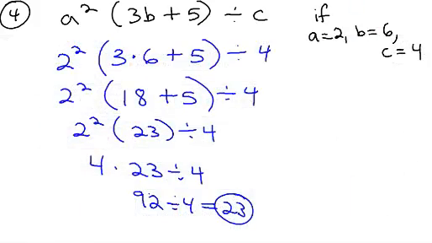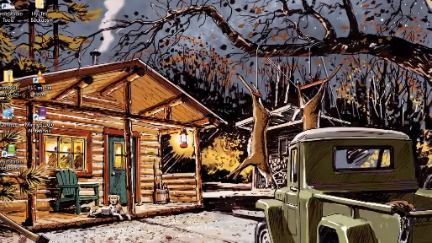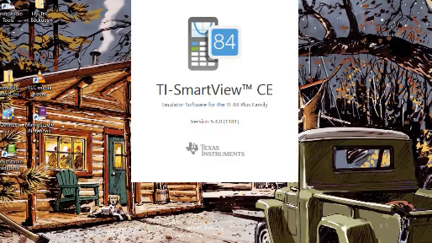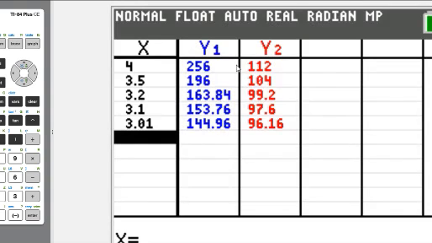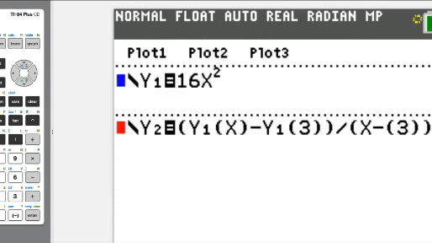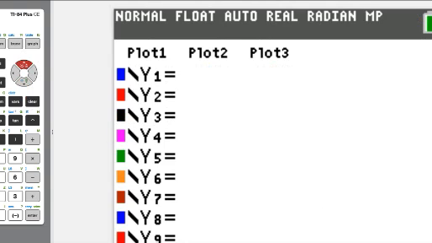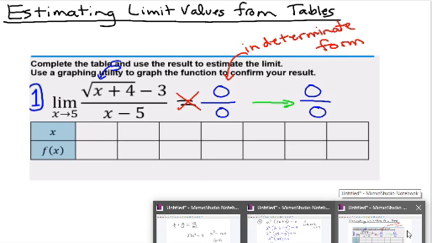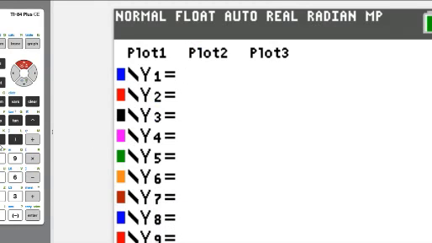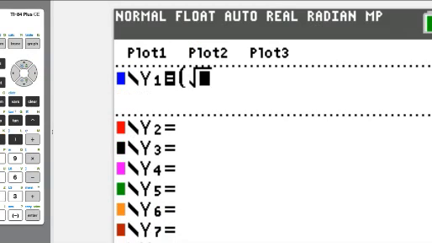And let's put the function into our graphing calculator. And we need to do that carefully. Okay? So here's y equals, I'm clearing my other junk out. All right? So when we look at this function, we need the entire top in parentheses. So I'm going to put a left parenthesis, and then the square root of x plus 4.